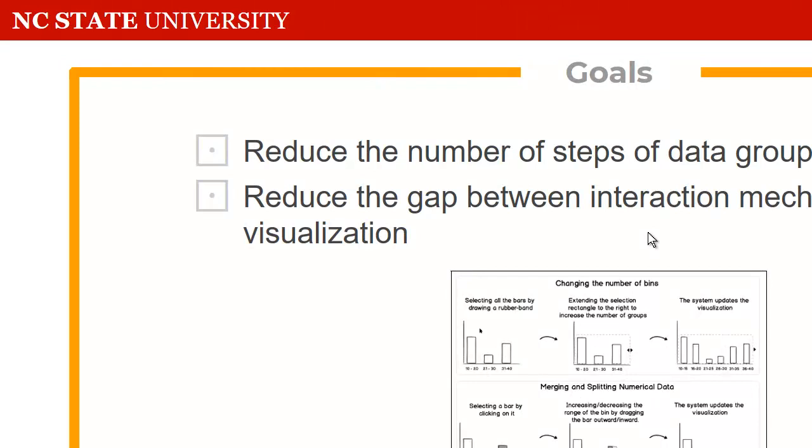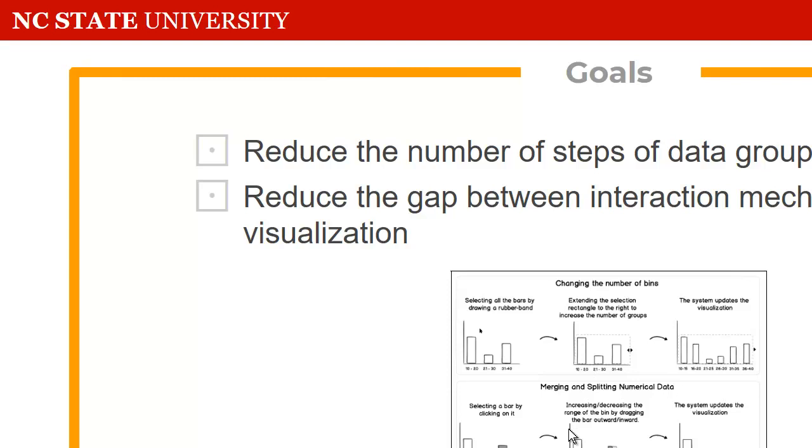So the goals of this paper are to reduce the number of steps for data grouping and the gap between interaction and the visualization results. Initially they proposed two designs, but one of them was chosen based on these goals, and the users said that this design has fewer steps.